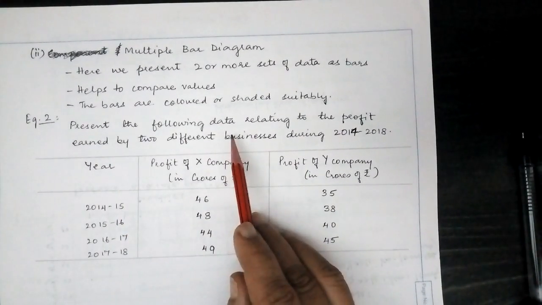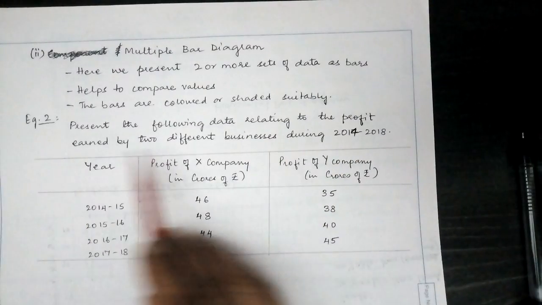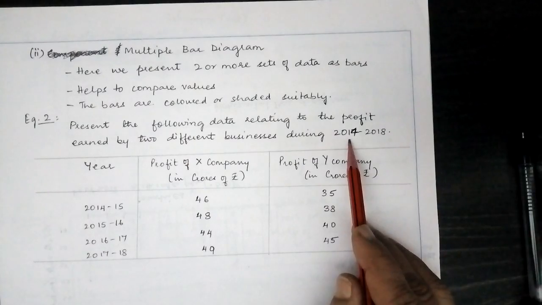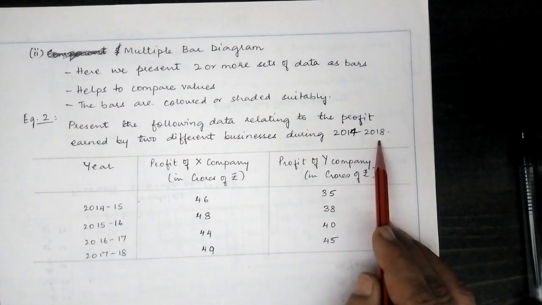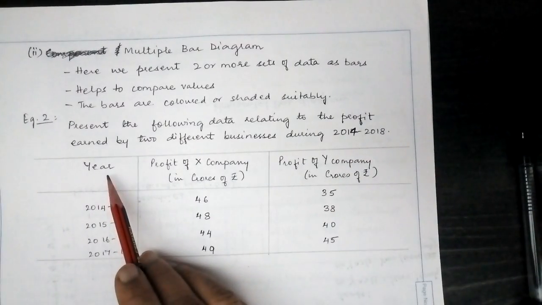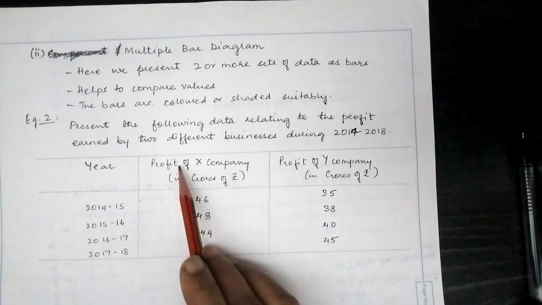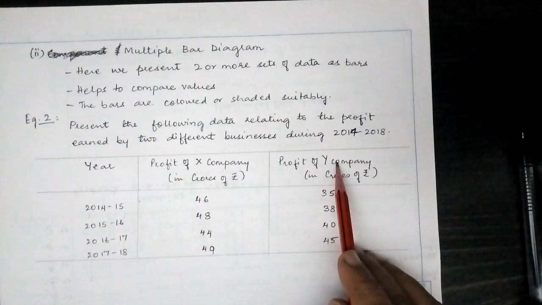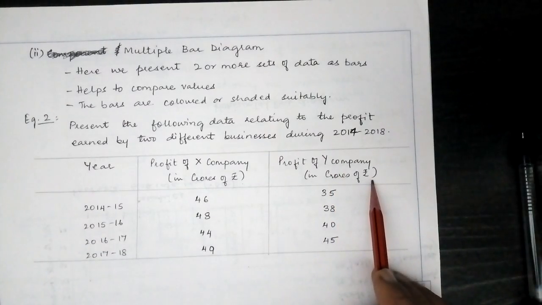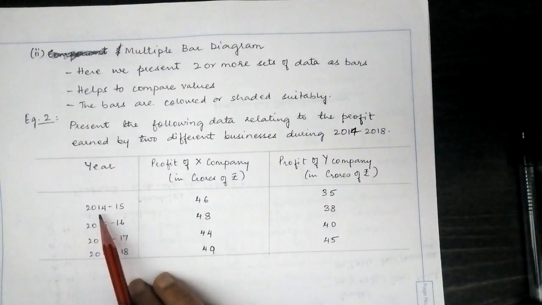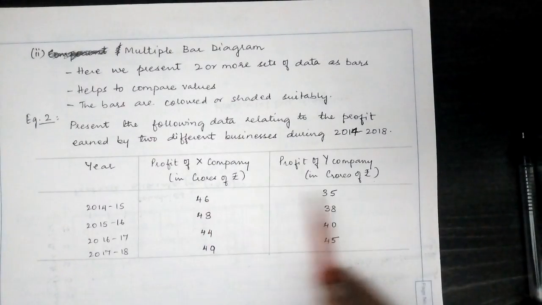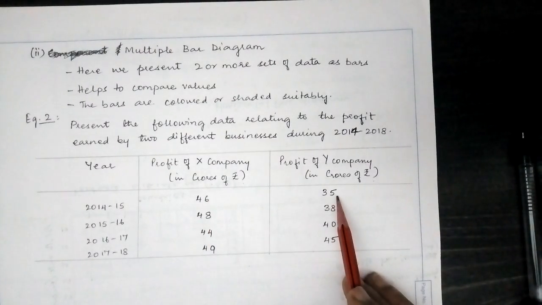Present the following data relating to the profit earned by two different businesses during 2014 to 2018. Here again we are given year, profit of company X in crores of rupees and profit of company Y in crores of rupees. In 2014-15 it was 46 compared to profit of Y, which is 35.